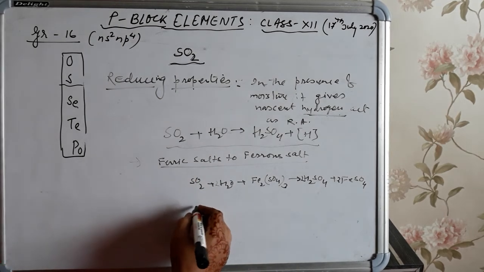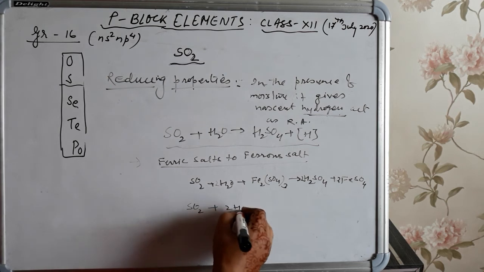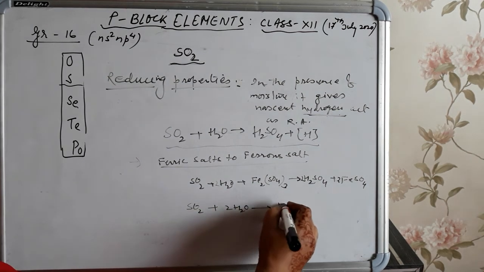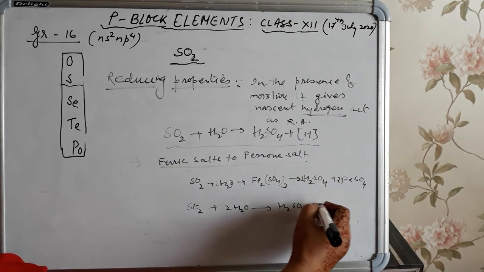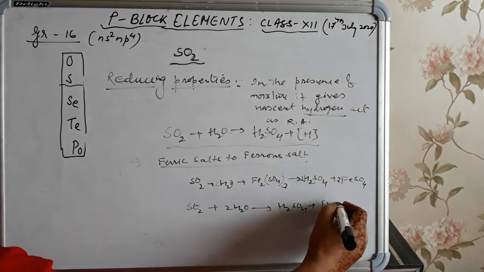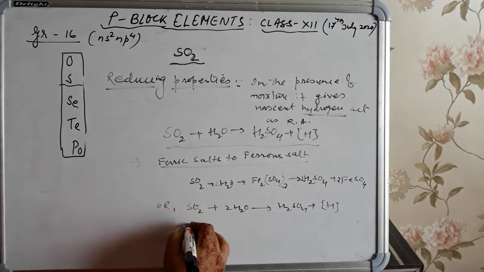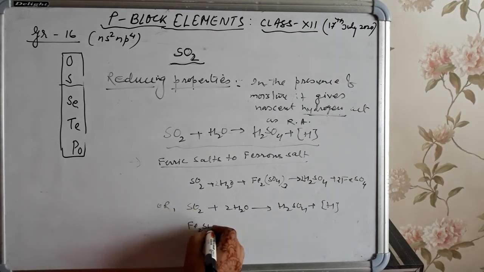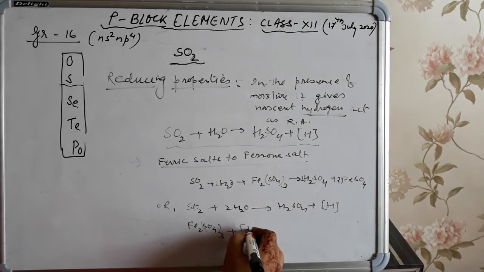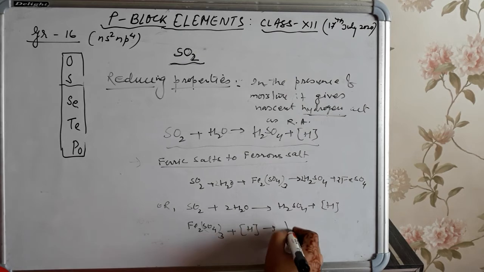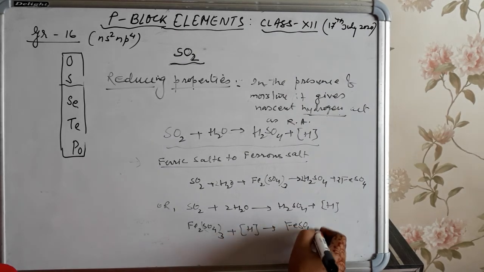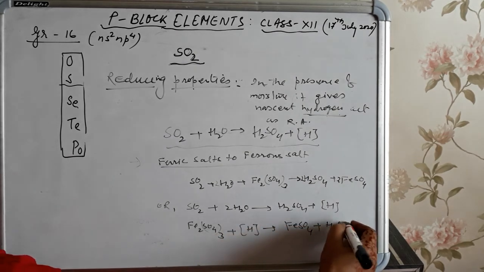Suppose I explain it this way also. 2H2O gives H2SO4 plus nascent hydrogen, and this ferric sulfate Fe2(SO4)3 takes this hydrogen and gets converted into FeSO4 plus H2SO4.